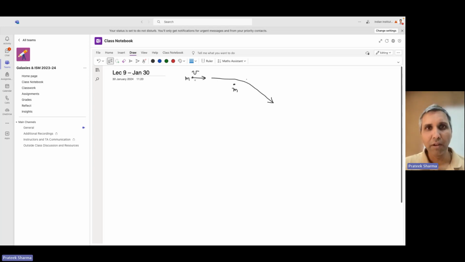So we did this problem with an impact parameter b. If this is the impact parameter, the distance between the projectile and the test mass, the impulse approximation essentially says that this angle of deflection is small.